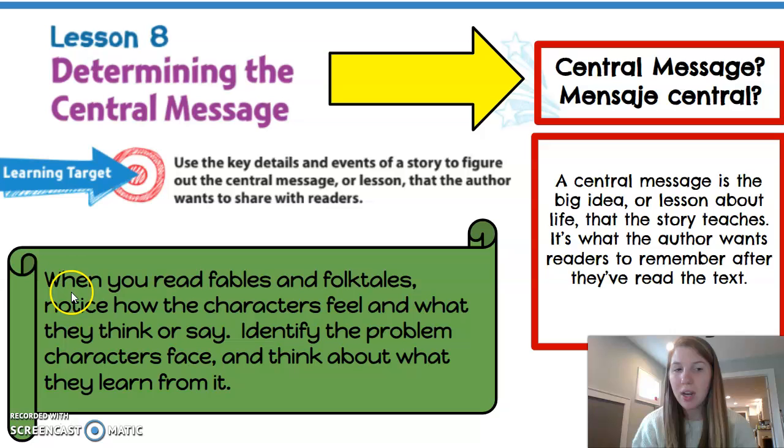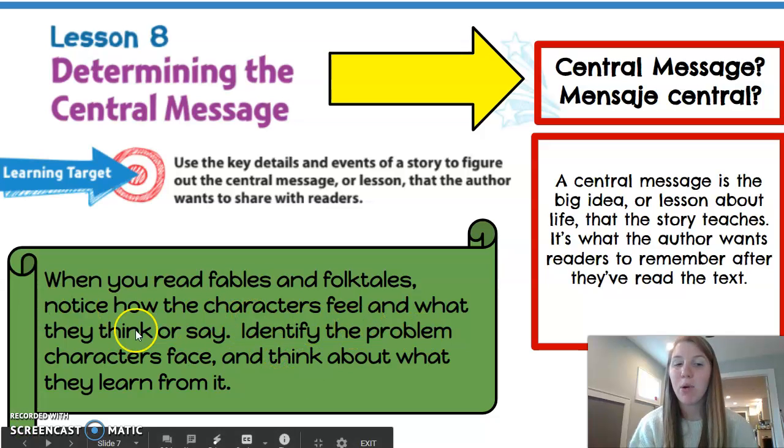Okay? What I want you to notice, look here. When you read fables or folk tales, notice how the characters feel and what they think and what they say. Okay, that's going to help us in determining what they learn. Then identify the problem the characters face and think about, what did they learn from it?